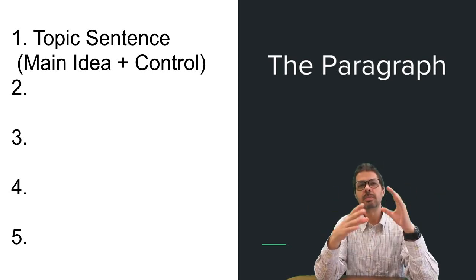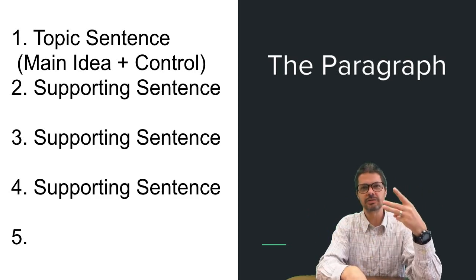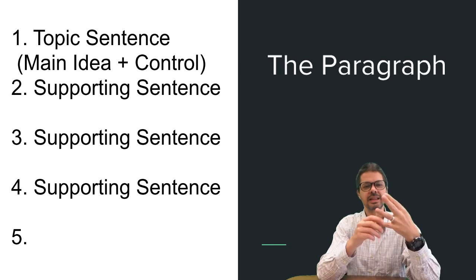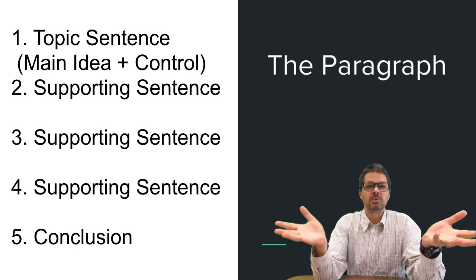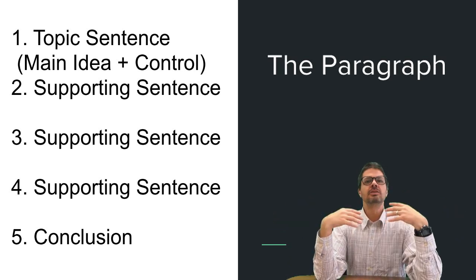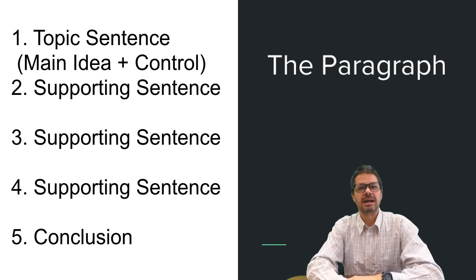Then, in the body, we should have at least three supporting details that back up our key point. And then finally, at the end, we need a conclusion. In this case, why is it important? Why should we care? So, for example, let's say we are talking about Stevie Wonder.